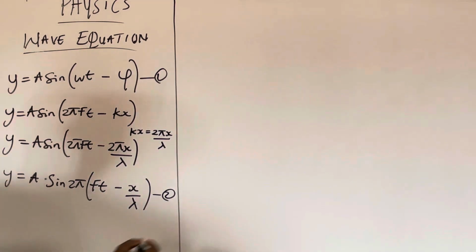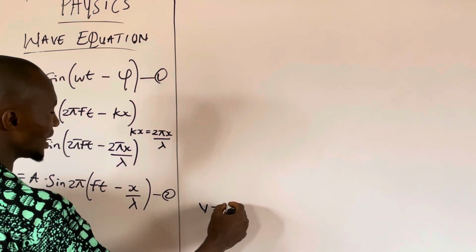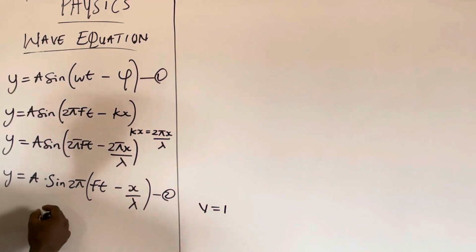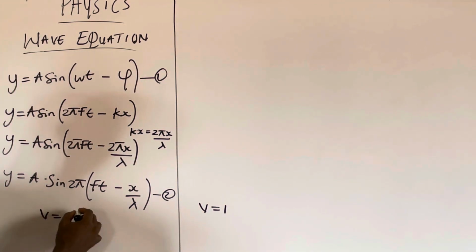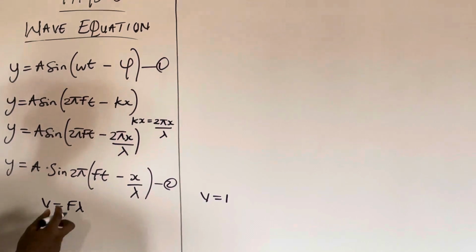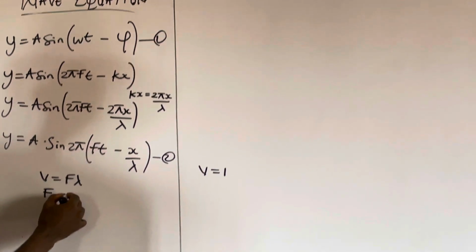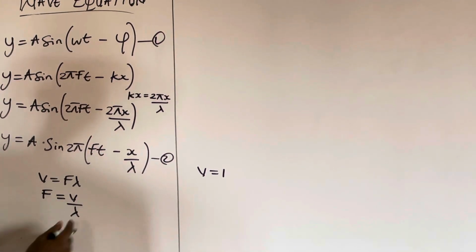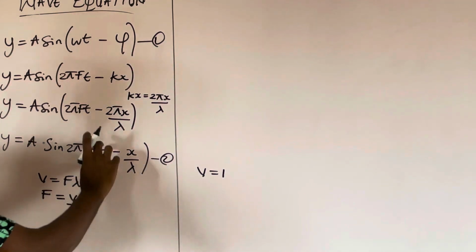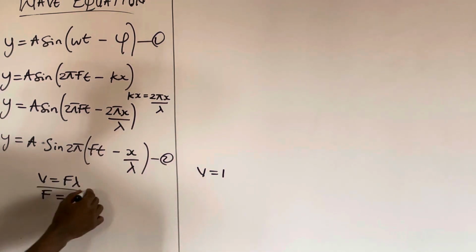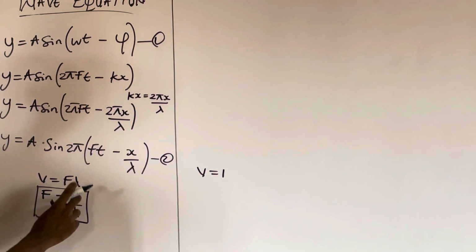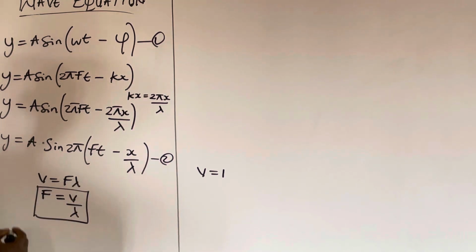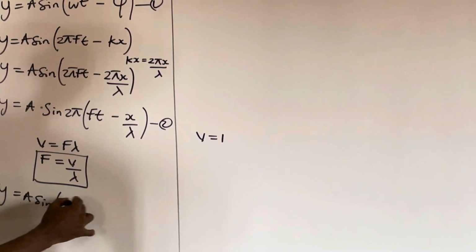Now for our equation 3, how do we get our equation 3? Don't forget that I told you something about v equals f lambda, right? And f from here is equal to v over lambda. True or false? True. So anywhere I see f, I substitute this. I'll use v here. So y equals a sine bracket 2 pi ft.